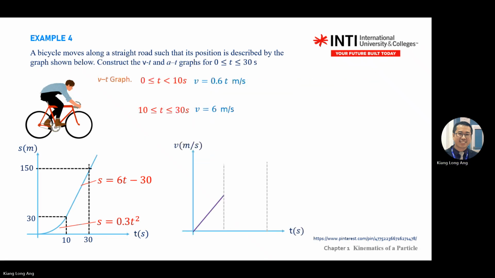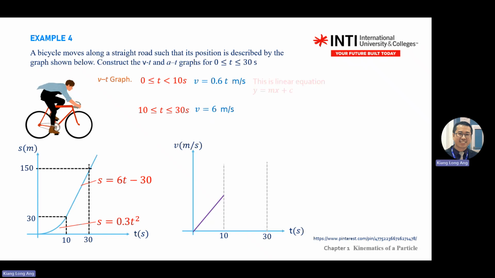So you convert s-t, you draw the axes, v versus t graph. First equation, 0.6 t is like that. y equal to mx plus c. You draw a line, you find the dot there, right? You put in the time frame, 10 to 30. Then you draw a dotted line. At 10 seconds, what is your velocity? You substitute here.